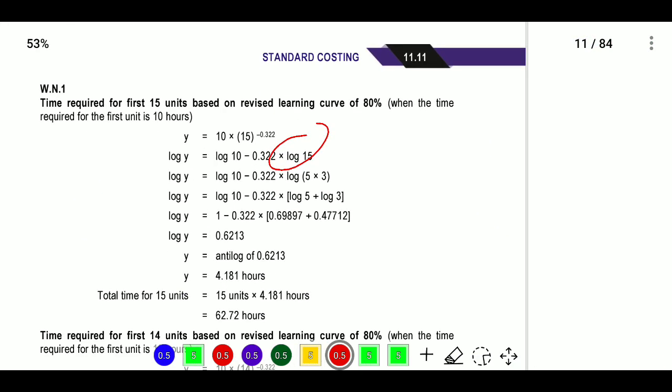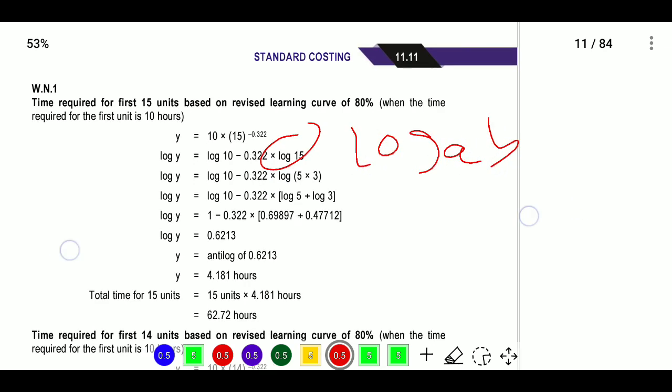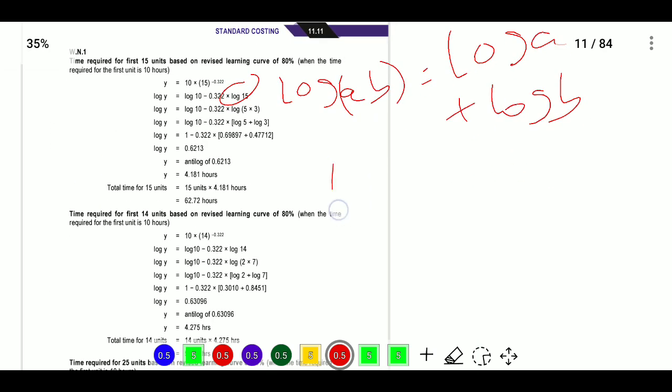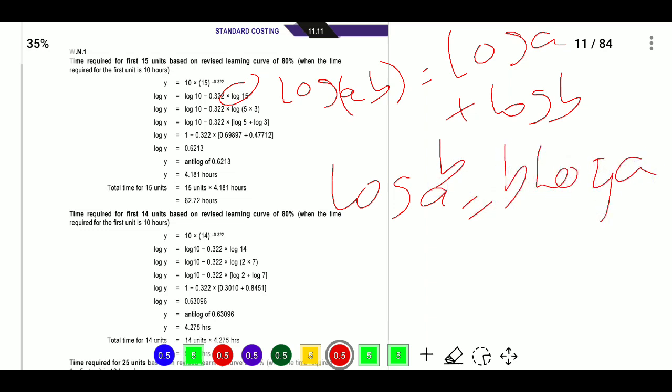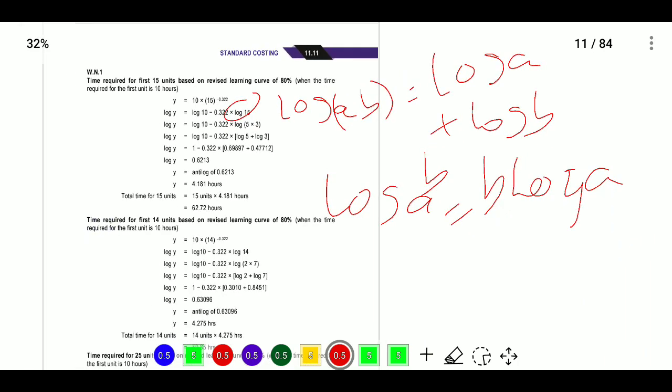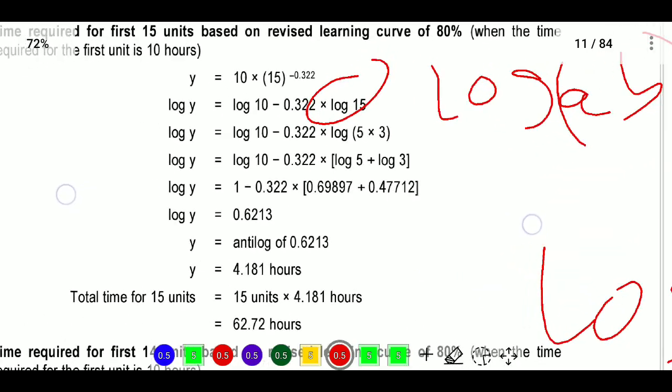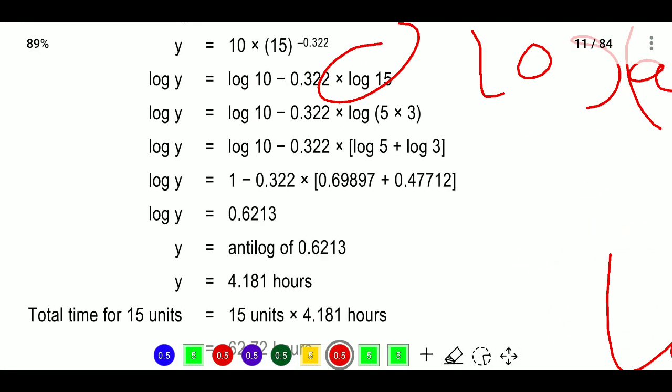So we will bifurcate it. If we have log AB, then we write it as log A plus log B. If we have log A to the power of B, then it is written as B log A. So log of 5 into 3 means log AB, so we can write it as log 5 plus log 3, times the coefficient value.